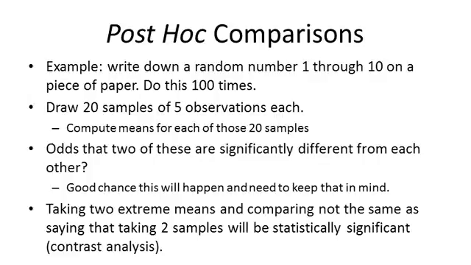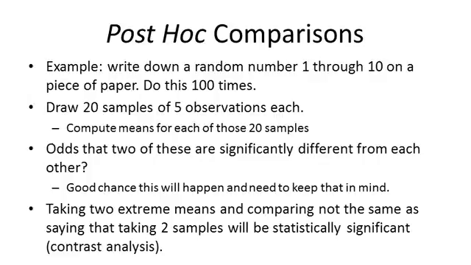Overall, the average is going to be around 5, but in any given 5 of them, it might be significantly different from that. So what are the odds that 2 of these are going to be significantly different from each other? Well, it's actually going to be a pretty good chance because you have 20 samples, and especially with a confidence value of 0.05, there's a good chance that this could happen.